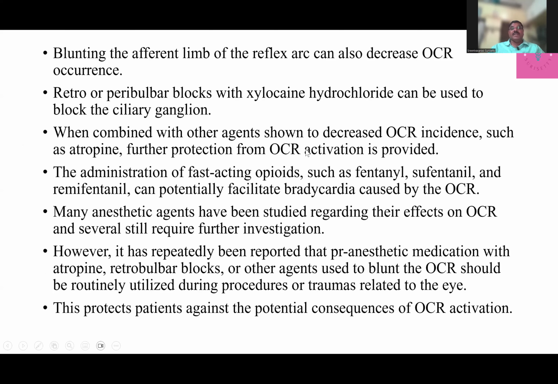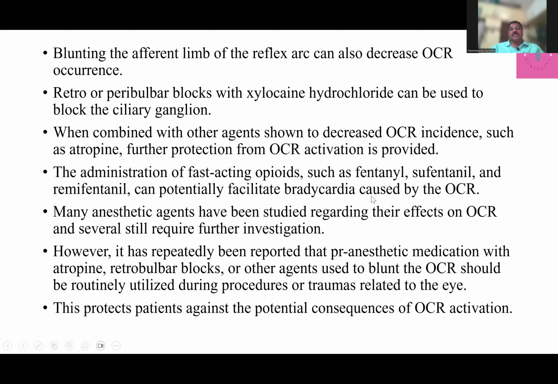When combined with other agents shown to decrease the ocular cardiac incidence, such as atropine, further protection from OCR activation is provided. Administration of fast-acting opioids such as fentanyl, sufentanil, and remifentanil can facilitate bradycardia, because all the opioids cause bradycardia. In a patient already with bradycardia, they will facilitate more bradycardia and sometimes lead to asystole also.